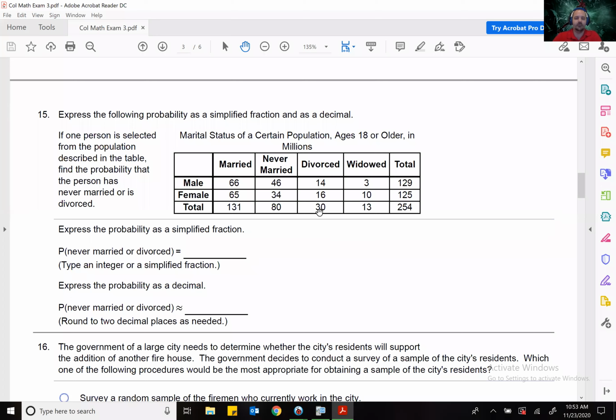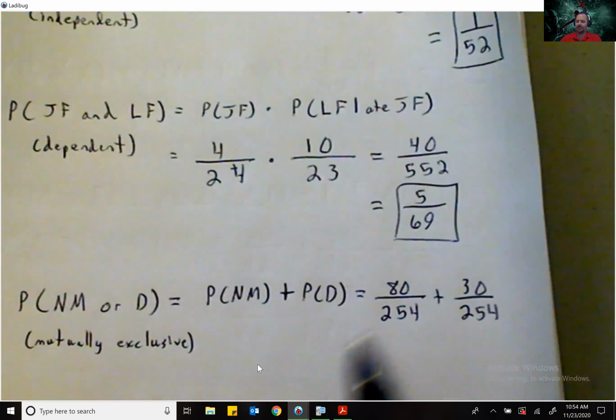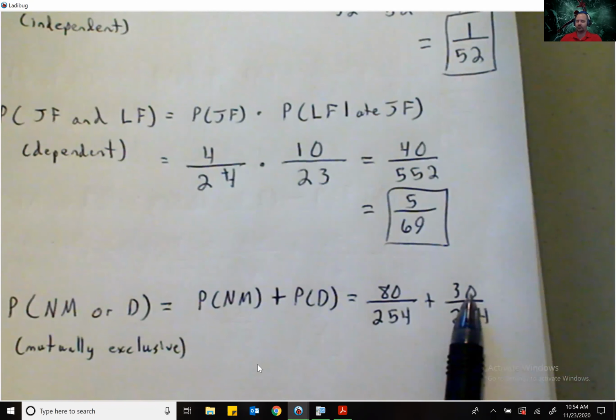Well, probability of being divorced is 30 out of 254. So this is what we're looking at. Because there were 80 that were never married out of 254 and 30 that were divorced out of 254.